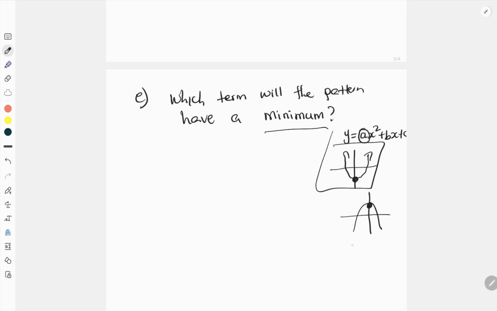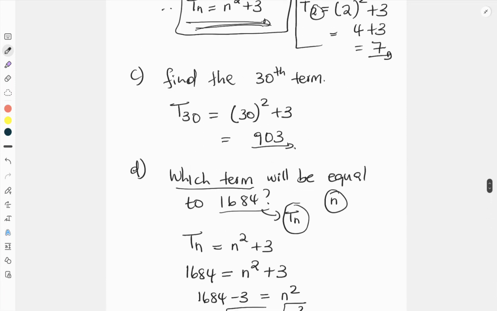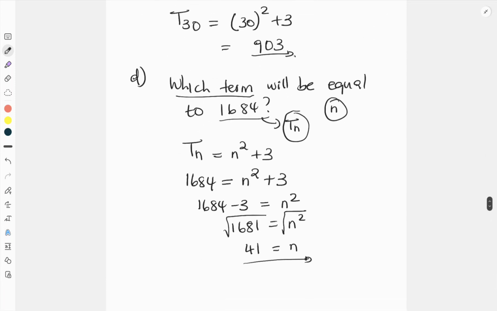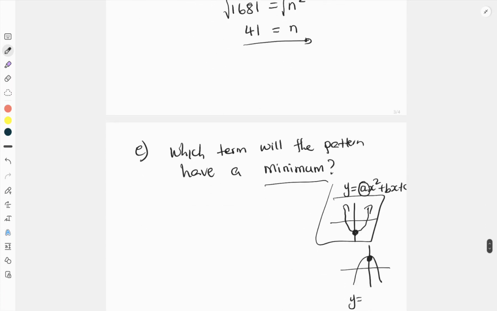When your graph is frowning, then you have a negative a value. So our a here is 1. Then it means our graph is smiling. So we will have a minimum.